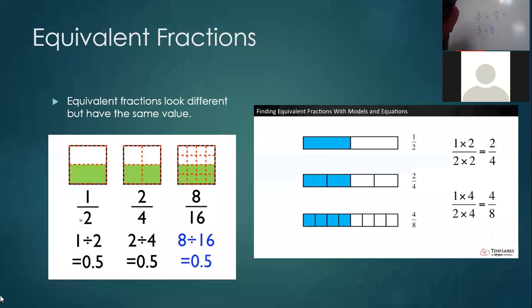So, if I want to turn 1/2 into 2/4, all I have to do is multiply. 2 times 2 gives me 4. And 1 times 2 gives me 2.